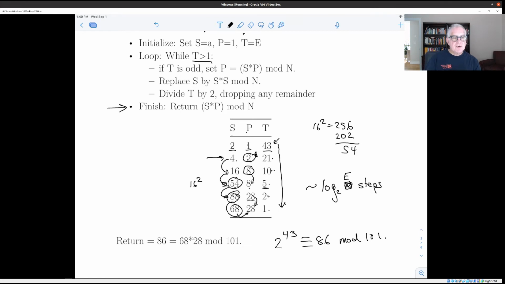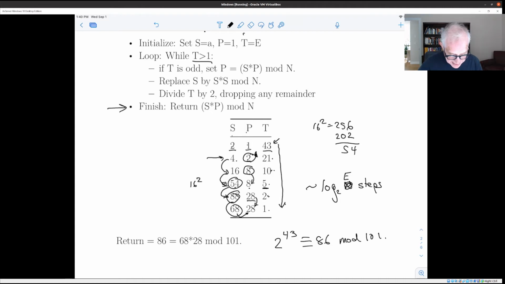So the number of steps grows like the number of digits in the number, not like the size of the number. And that completely changes things. So my earlier example of a 600-digit number is just going to take 100 times longer than a 6-digit number, not 10 to the 600 times longer.